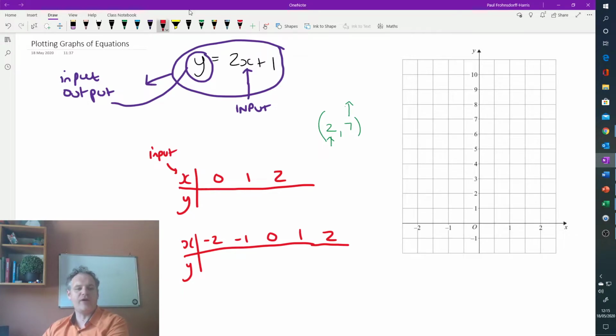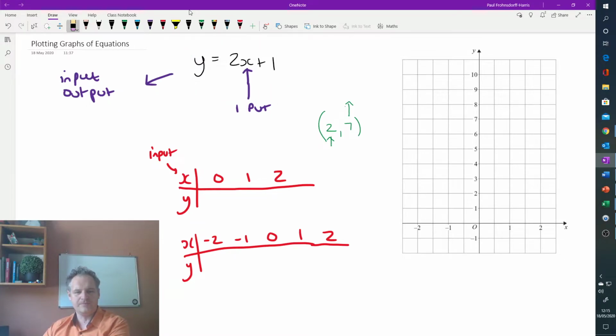And so if I can delete some of this so it's not getting too clustered, what we're going to do is input the number 0 into this equation. And the way I do that is I copy everything out except the x. y is going to be equal to 2 lots of, I put a bracket just to show that I've inserted something, 2 lots of 0 plus 1. 2 lots of 0 is 0, plus 1 is 1.